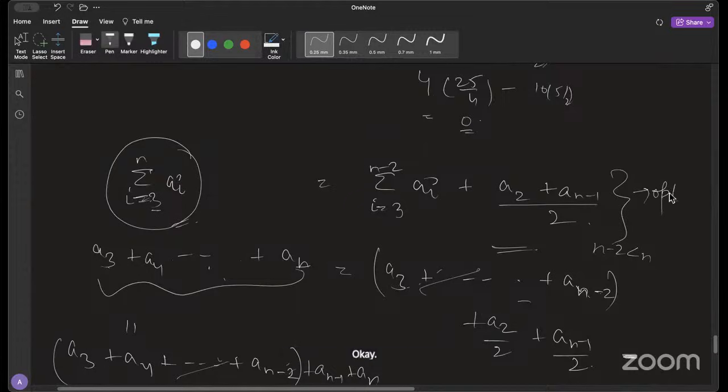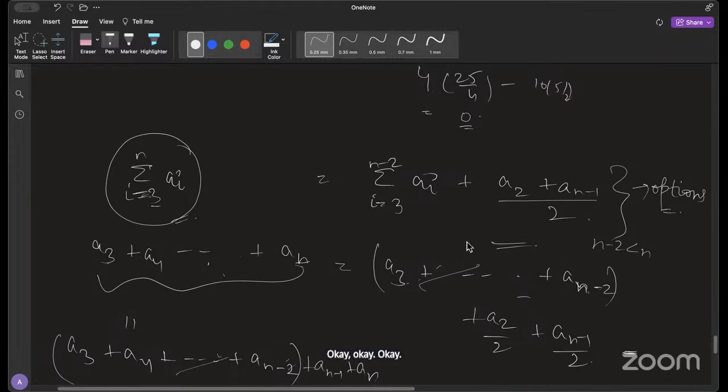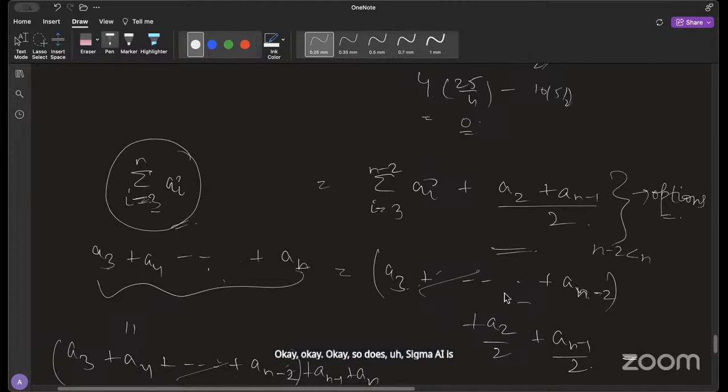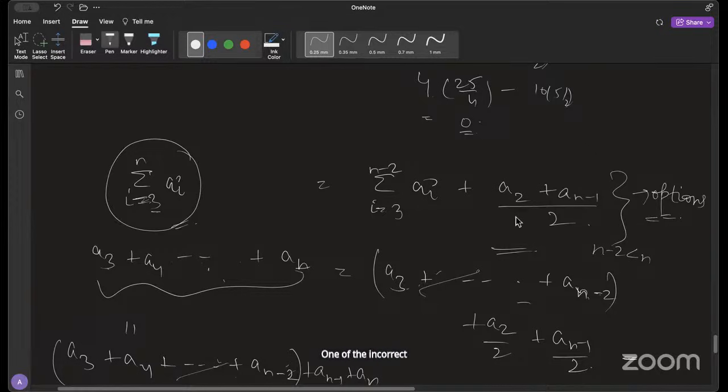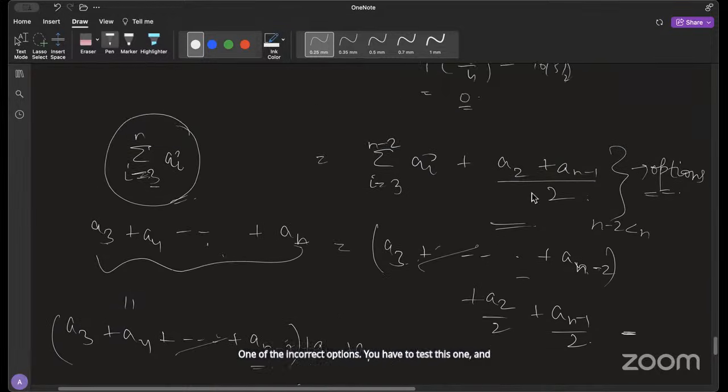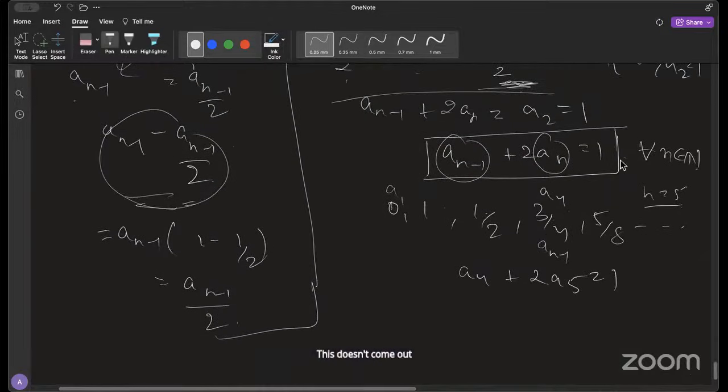We're testing one of the options. This summation is one of the incorrect options. You have to test this one, and at the end, you will see that this option is not true after simplifying. We've tried to put values in it, and we've found that the equation is not consistent. This doesn't come out to be equal to this.